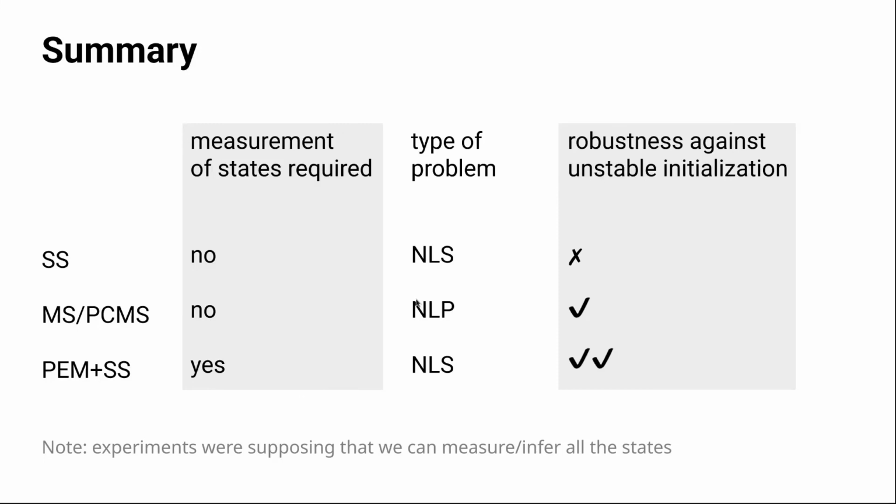And the single shooting was not working at all if the initialization point was unstable for the EMBS system. Also, in all experiments we used that we could measure or infer all the states.